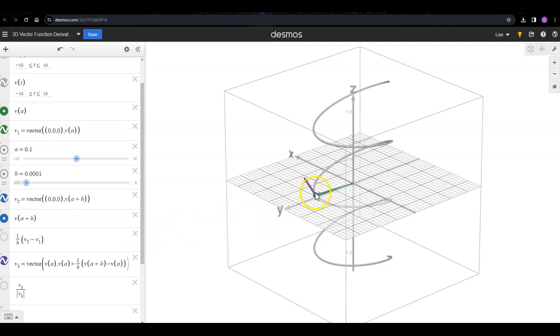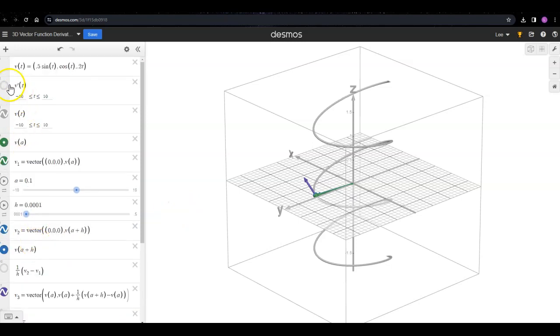Now, a couple of things that you might want to consider: vectors don't always have to be placed in a certain position. So if I go ahead and put in a couple of things right here, this is going to be the same vector, but with my tail at the origin. So instead of tail at that point v of a, I just have my tail at the origin.